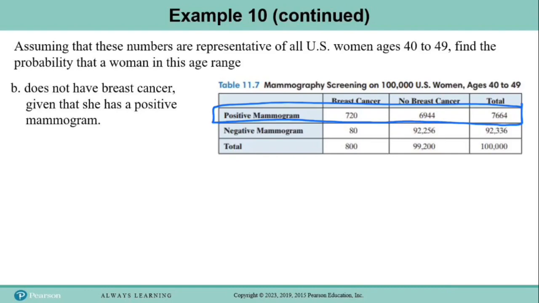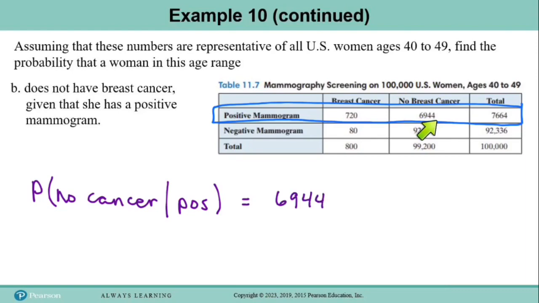And so the probability that a woman does not have breast cancer, given that she has a positive mammogram, would be this 6,944 divided by this total, which is 7,664. See, that's the total of just the women who had a positive mammogram. And this decimal approximation is about 0.91.